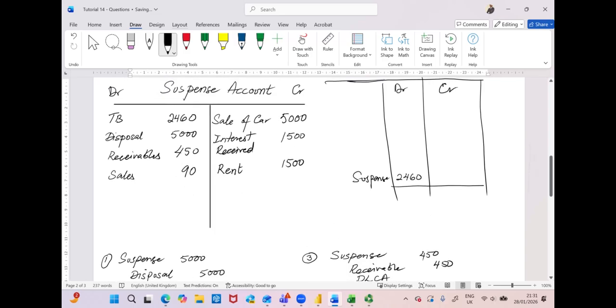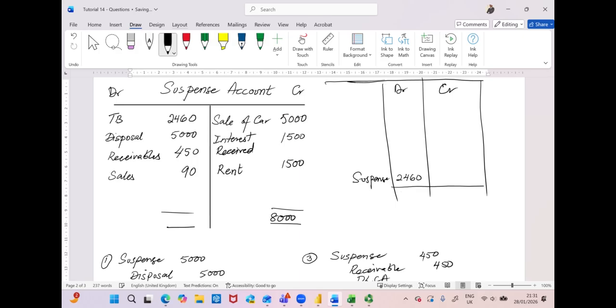Now at the end, we will simply close the T account and both the sides are equal. That means we have identified the errors, we have rectified or corrected those errors.